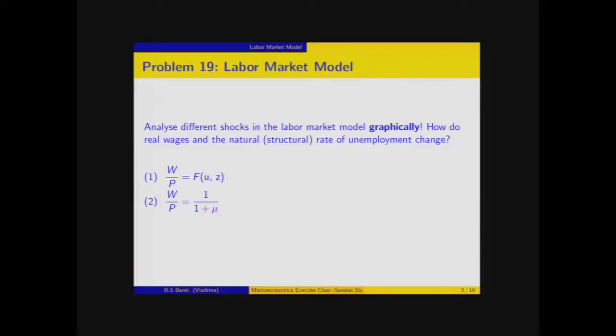So here you have two formulas. The first one is saying wage over price is a function of U and Z. The second one is saying wage over price is equal to 1 over 1 plus mu.